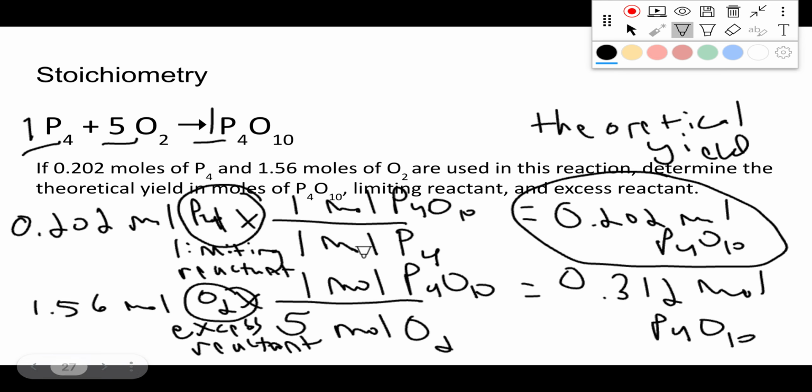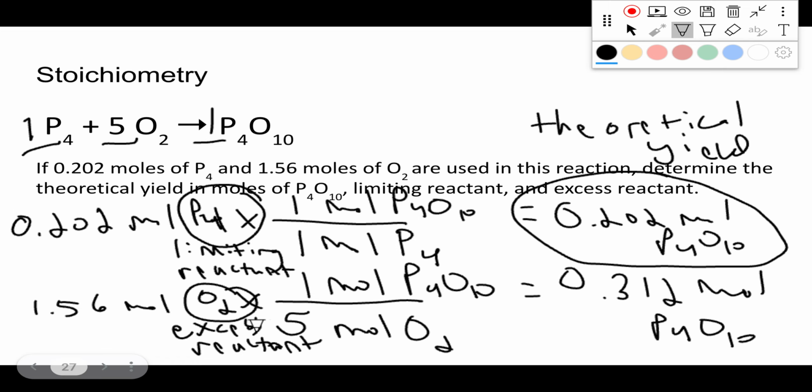So what happens in this reaction, and what we just did, is when we combine 0.202 moles of P4 and 1.56 moles of O2, the 0.202 moles of P4 is going to run out. The reaction stops, and this is the only amount of product it can make. I'm going to have some leftover oxygen after the reaction stops.